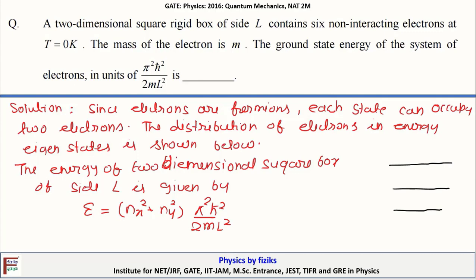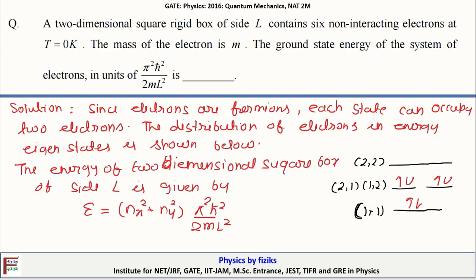So for the ground state it is (1,1). The excited state is (2,1) and (1,2). And the next excited state is (2,2). So in the ground state (1,1), 2 electrons can occupy. There are 2 states for the energy (2,1) and (1,2), that means each state can occupy 2 electrons. So that is the ground state.